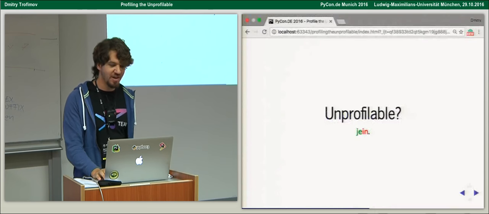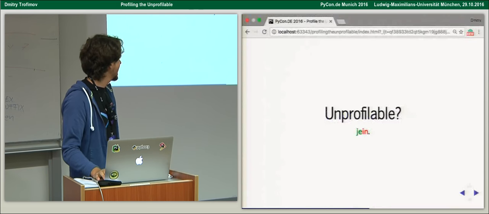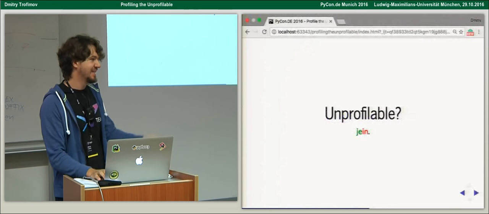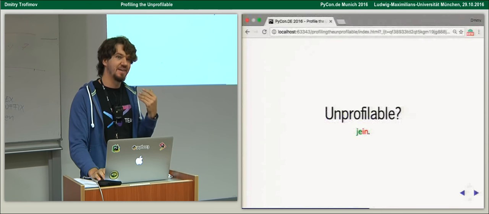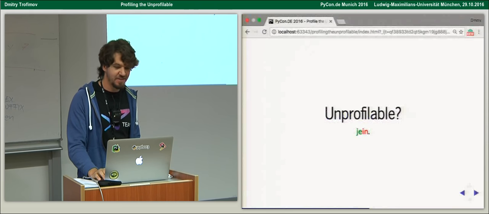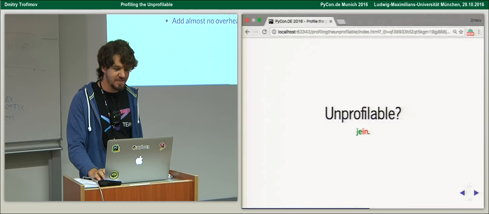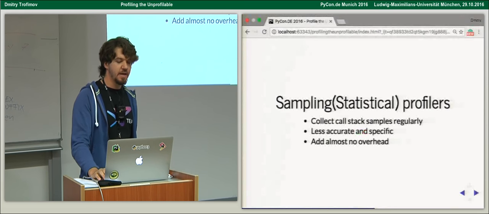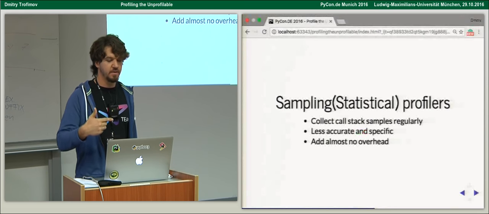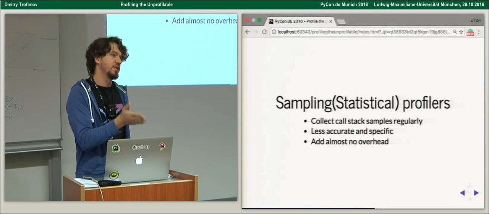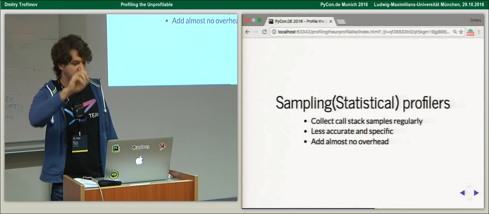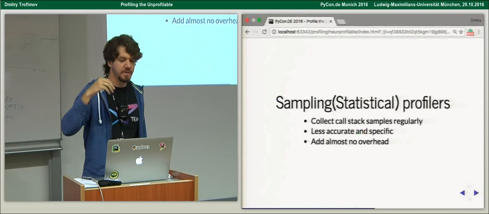So what do we do? Is it unprofilable? There is a good German word, Jein. So yes, it is unprofilable with cProfile, but we know that there are other profilers, sampling or statistical profilers. And how do they work? They collect call stack samples at a regular interval. So every 5 milliseconds, for example, they just capture the stack trace and dump it.